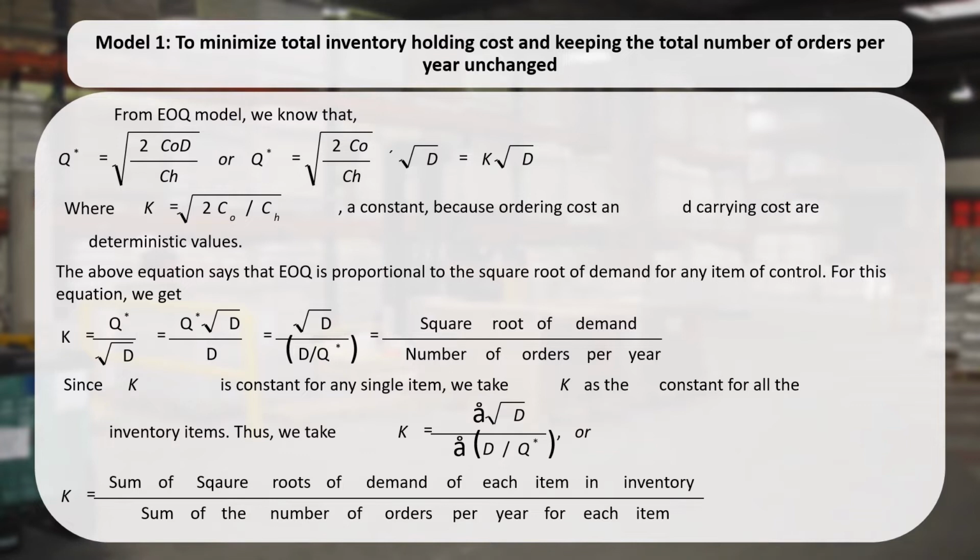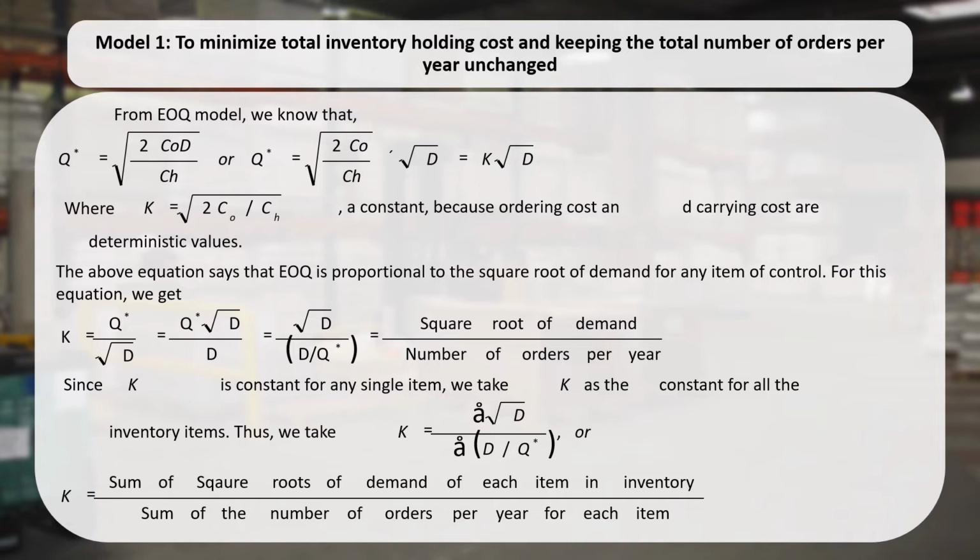Now this same equation shows that EOQ is proportional to the square root of demand for any period. So from this equation we get K equal to Q star upon the square root of D, and finally K equals the square root of D upon D upon Q star. This is nothing but the square root of demand upon the number of orders per year. Because K is constant for any single item, we can take K as a constant for all inventory items.